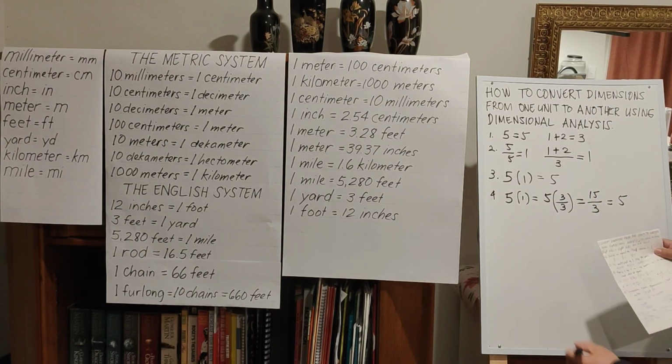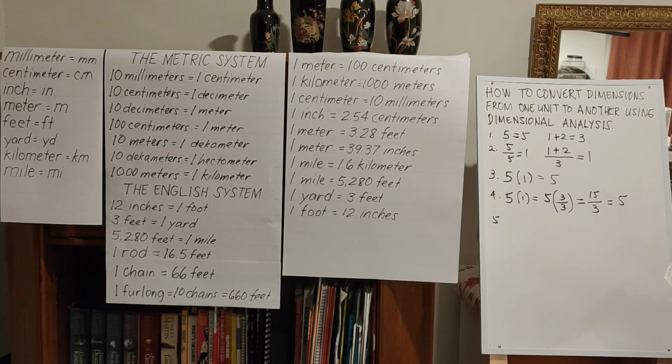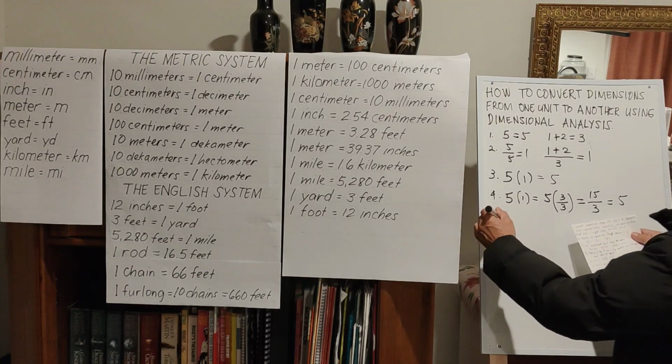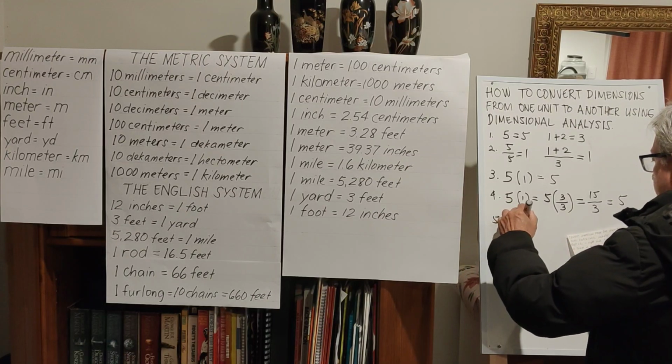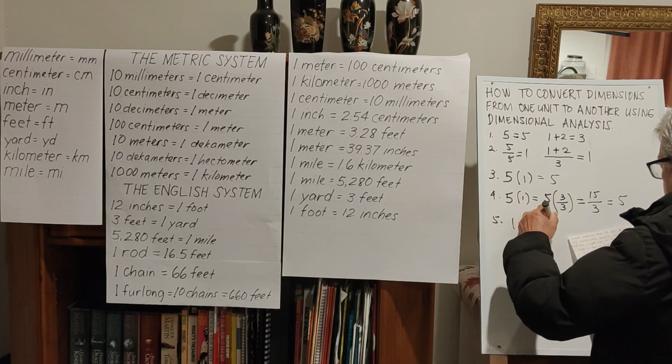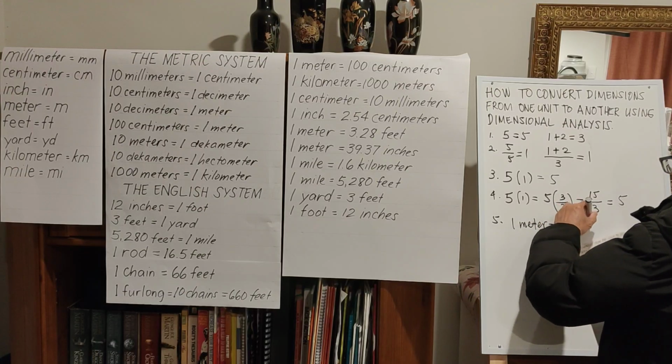Rule number 5. Like in a conversion table, dimensions are equal but in different units. For example, 1 meter is equal to 3.28 feet.